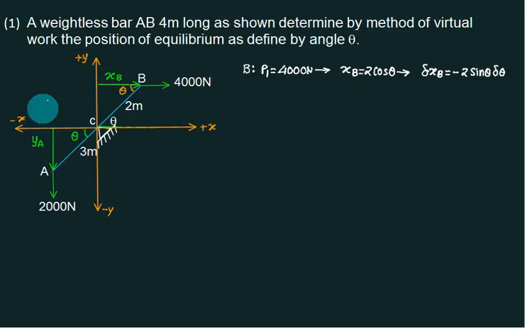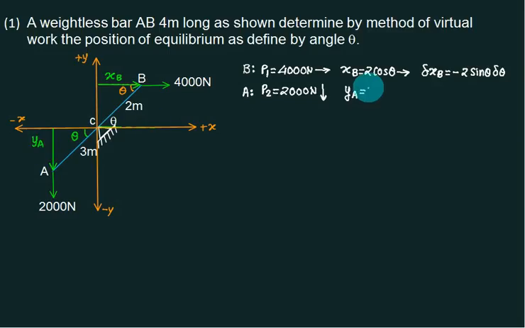Then now check another force. We have a force at A. So write A, then write P2. What is P2? 2000. So draw their arrow. Is it downward? If it is downward, it means I have to write y. Y at which point? A point. What is yA from this figure? Is it the opposite side?